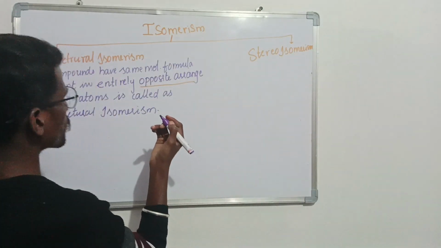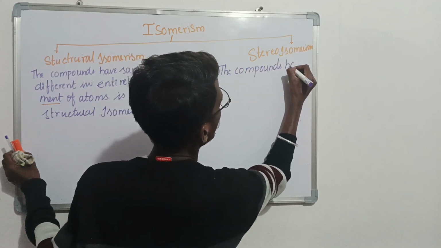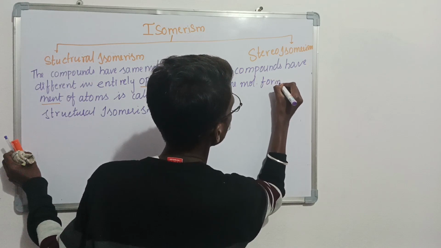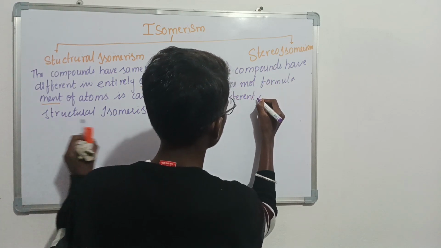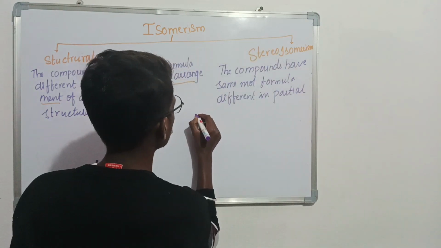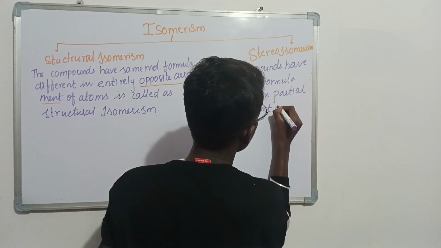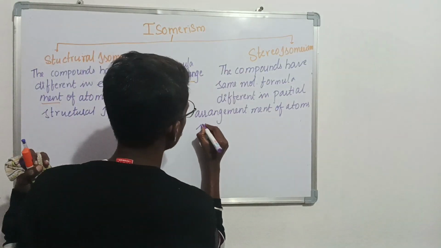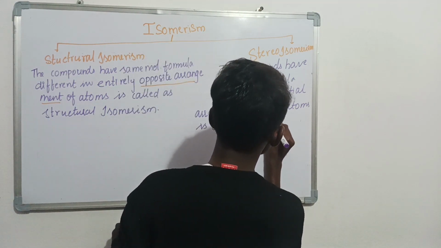Then coming to stereoisomerism. The compounds that have the same molecular formula but differ in partial arrangement of atoms are called stereoisomerism.